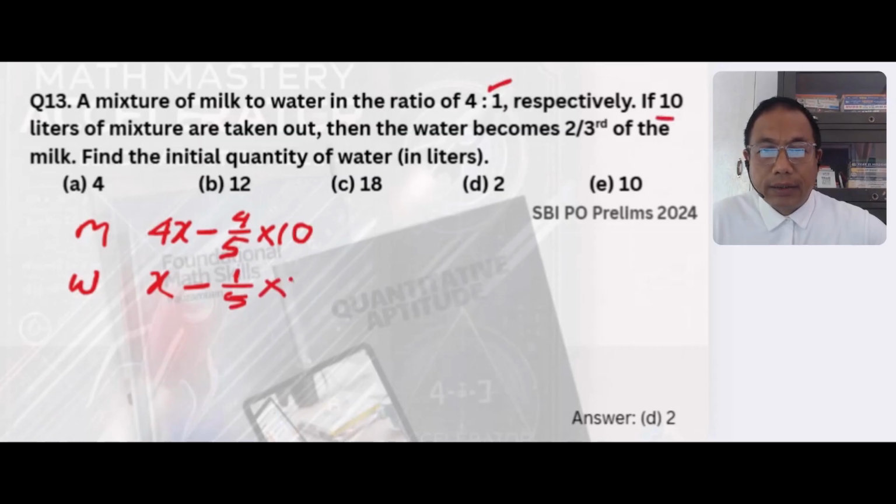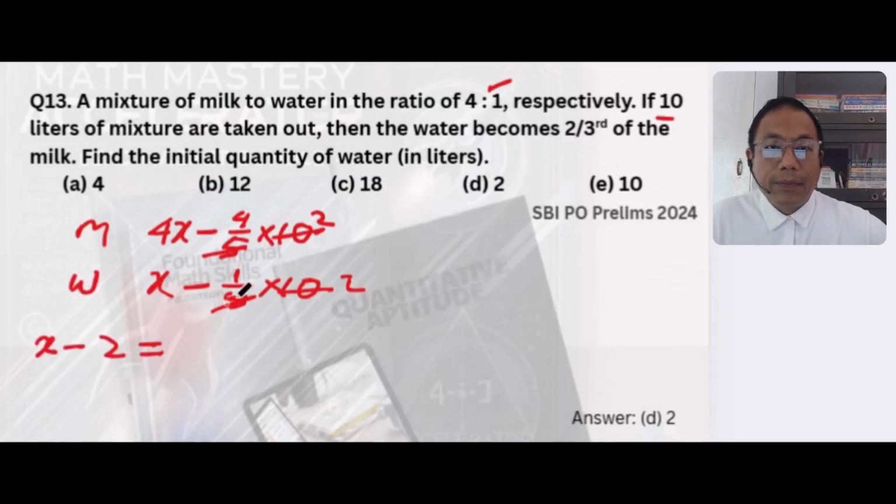Taken out means minus. 5 toward 10, 5 toward 10. Water becomes 2/3 of the milk. Water is x minus 2, 1 is 2, becomes equal to 2/3 of the milk.